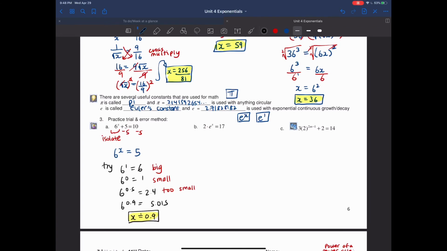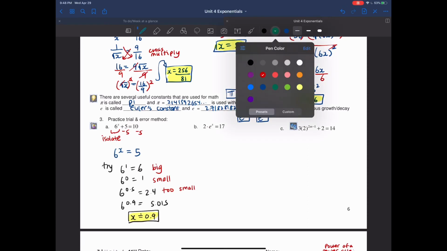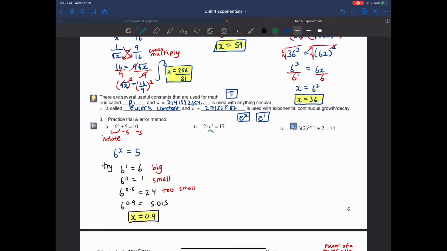So next, for part B, I am going to replace that e for now by plugging the e value in to help us, because otherwise it looks like a lot of variables. And so I have 2 times 2.718, and I'll put that value to the exponent of x, equals 17.